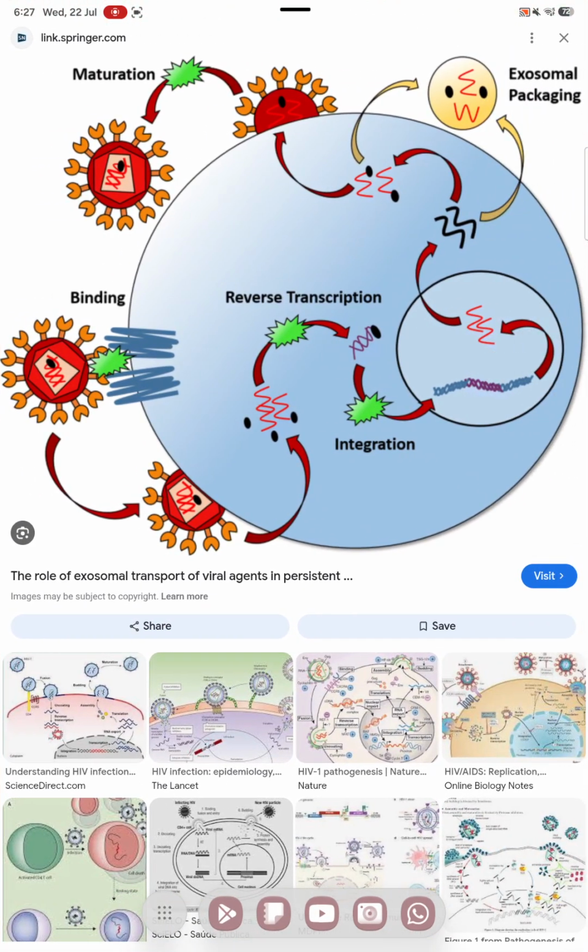So you can refer to this picture as well: there is a virus which is binding, and after binding it gets uncoated and reverse transcribed. Once it is reverse transcribed, it gets integrated into the host cell, and so it spreads to the other cells in a similar pattern.